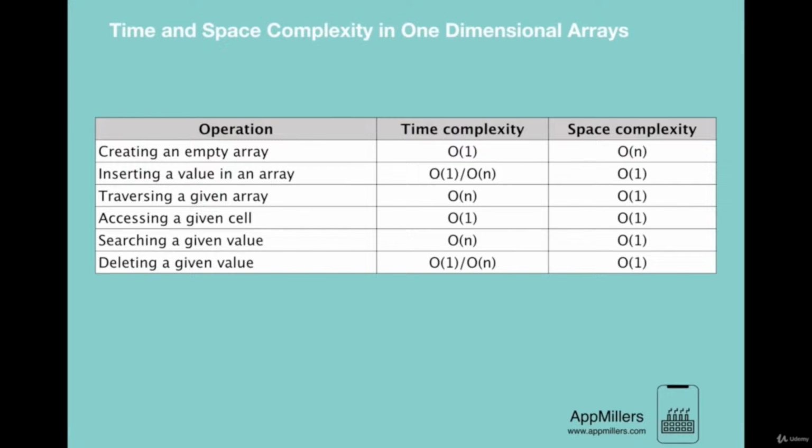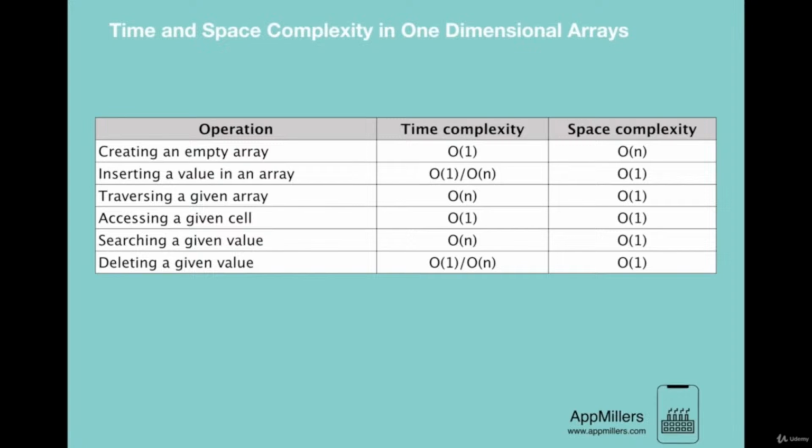Imagine that if we have a million elements in one array, and we insert an element in the beginning of the array, these million elements have to shift one element right. So this will take O(n) time complexity. But here, space complexity is O(1) because we are just allocating one extra memory for this. So for this process, we don't need extra space.